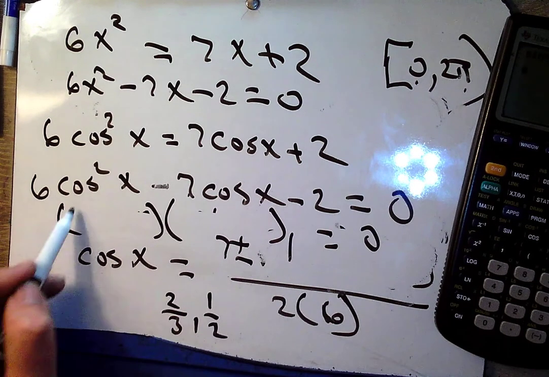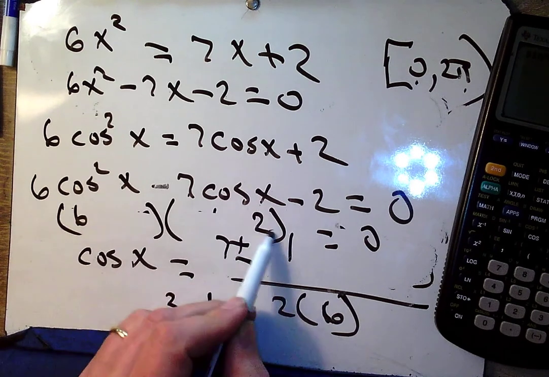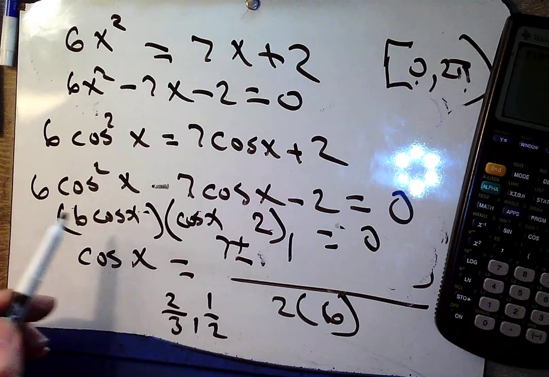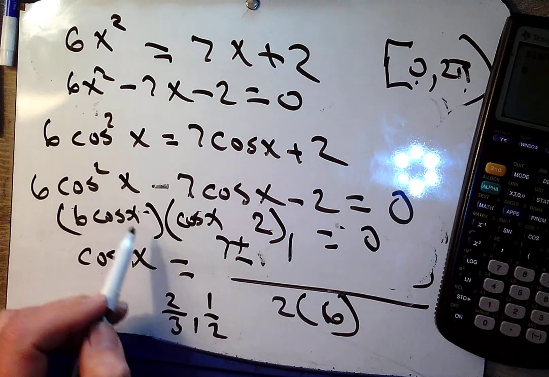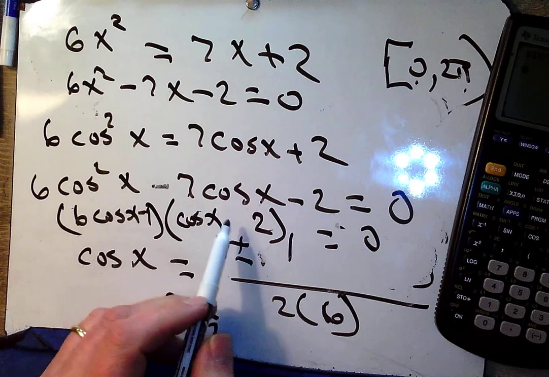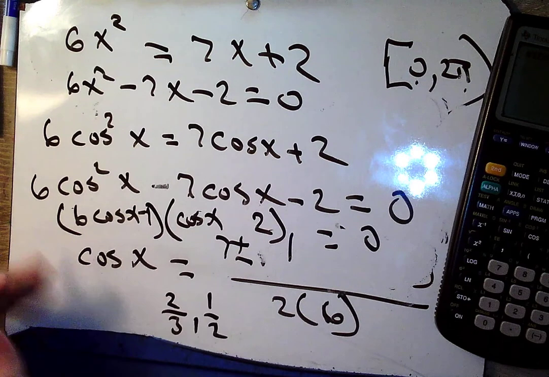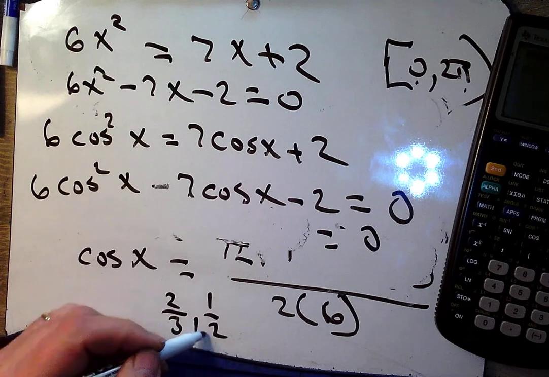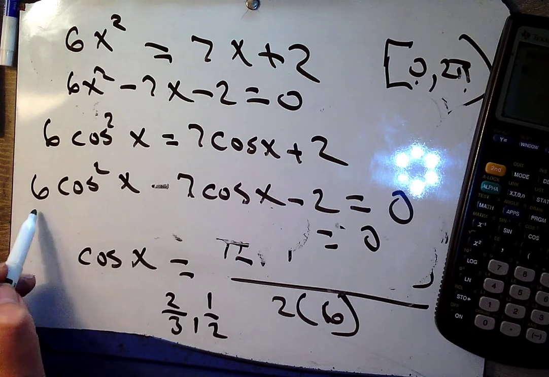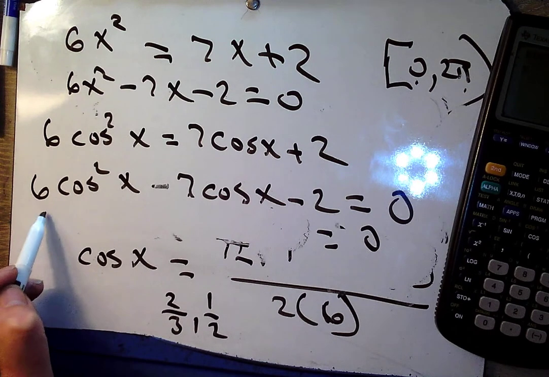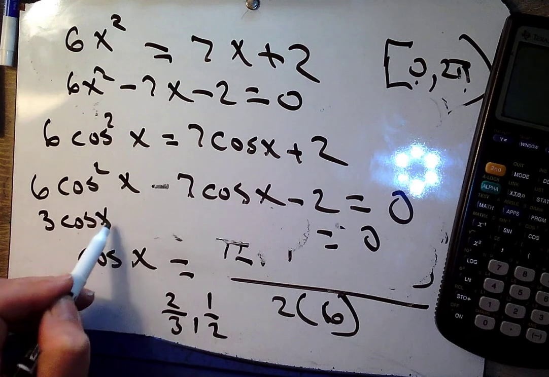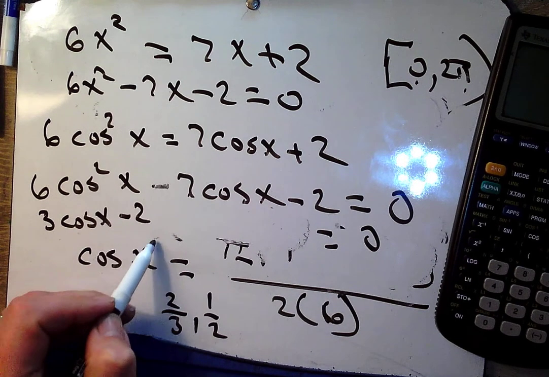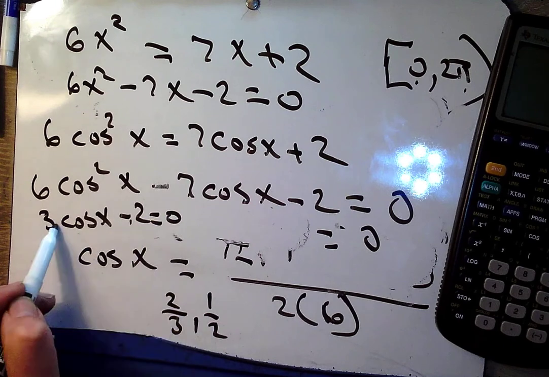Okay, so we've got 6 and 2 and cosine and cosine. No, I can't. All right, these are solutions. Cosine x equals these, which means 3 cosine x minus 2 was equal to 0, because I added 2 and divided by 3.